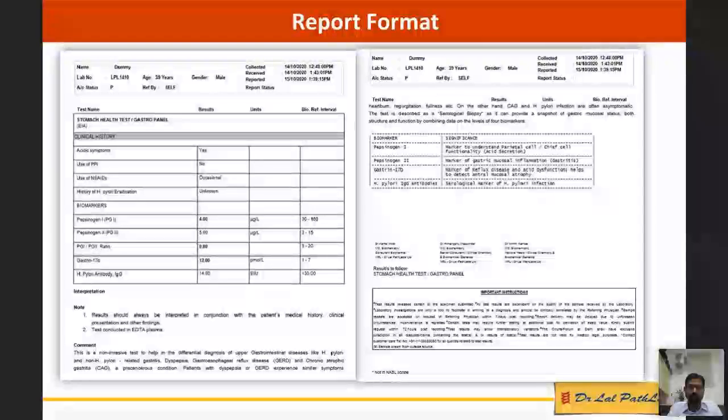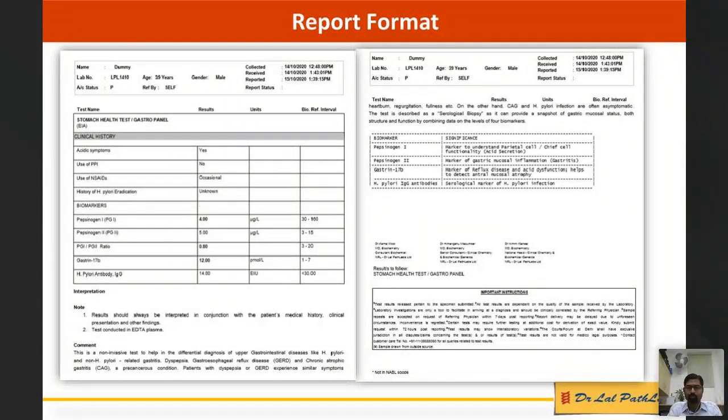Then after processing the sample, we get the levels of the 4 biomarkers, and accordingly, through a designated, validated software, we can interpret all those values and combine them with the history provided, and we can come to an interpretive report: whether this patient has a normal healthy stomach, whether there is acid hypersecretion or hyposecretion, whether there is an antral atrophy, whether there is a pan atrophy, whether the results are suggestive of chronic atrophic gastritis, whether the results are suggestive of recent or ongoing H. pylori infection, which can be identified from the value of H. pylori anti-IgG.